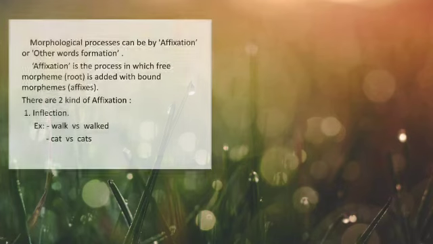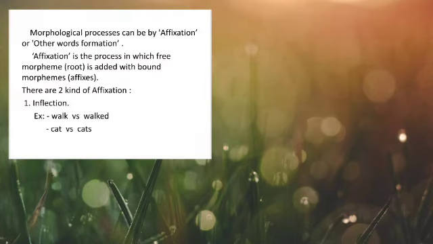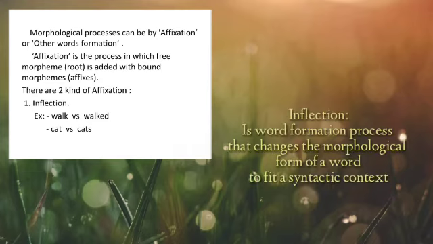Affixation. Affixation is the process in which a free morpheme is added with bound morphemes. There are two kinds of affixation. First, inflection. Second, derivation. Inflection is a word formation process that changes the morphological form of a word to fit a syntactic context.